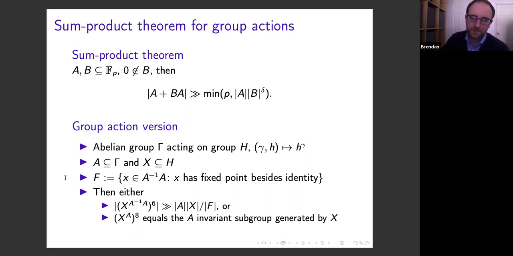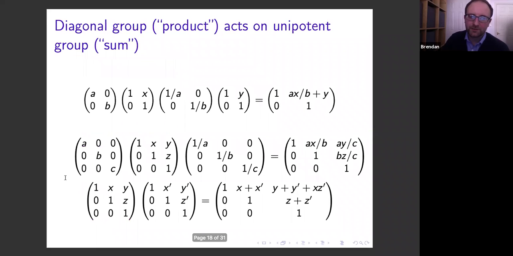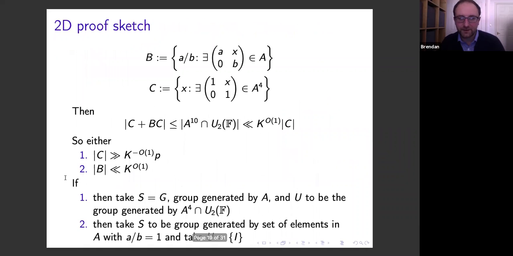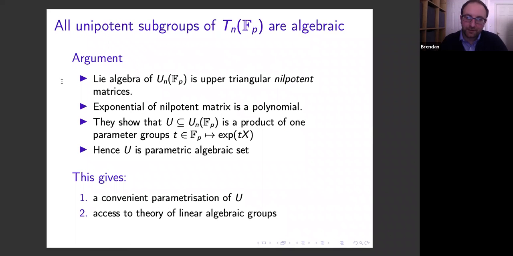So the philosophy is somewhat similar. You want to use the diagonal group acting on the unipotent group and apply a sum product theorem, but it takes a bit more work to set it up and make sure that all the conditions are satisfied. And so to do this, Gill and Helfgott prove a very nice structure theorem for unipotent subgroups over F_p.